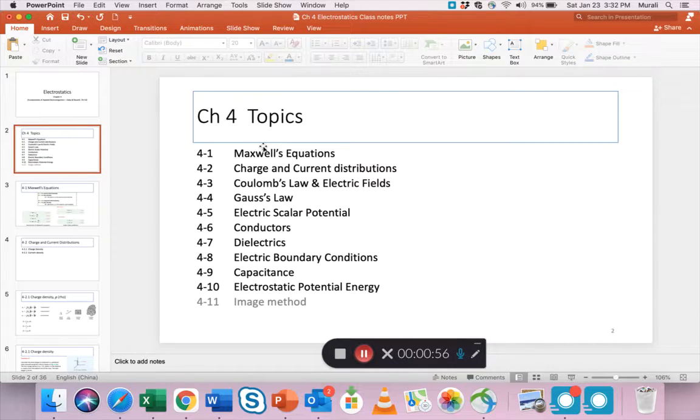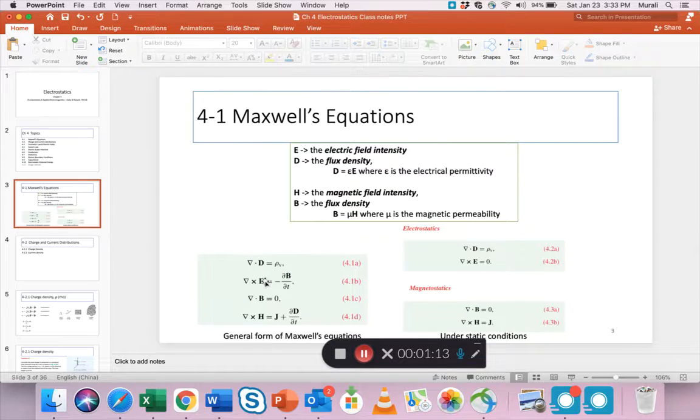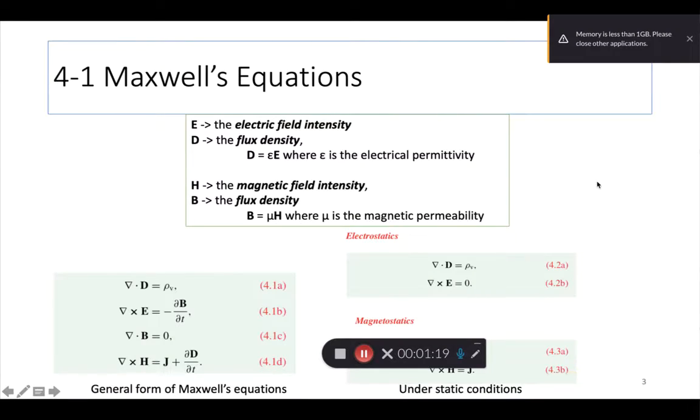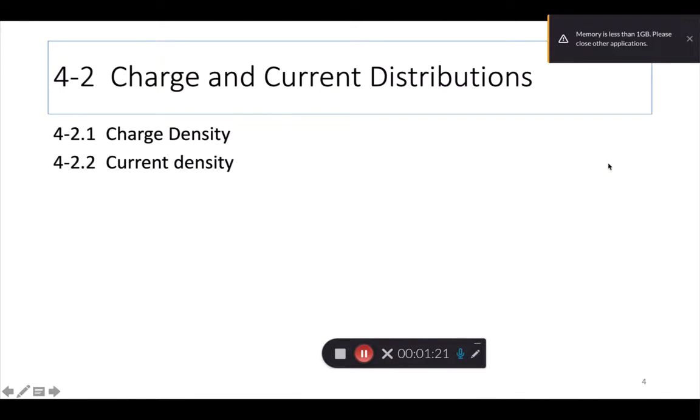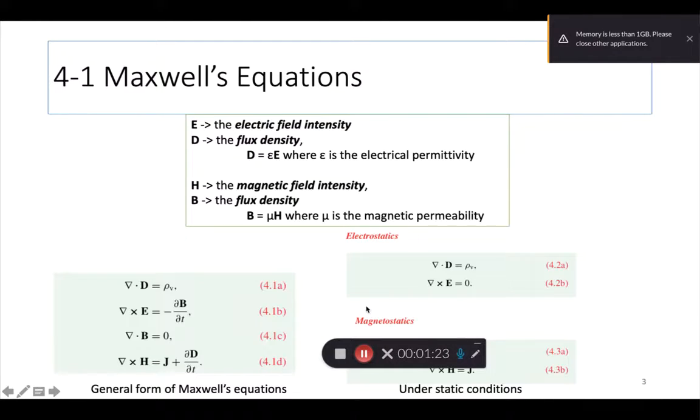So we'll probably do the first 1 to 10, and in part A, this recording, I will go up to 4-5, electric scalar potential, and the remaining stuff we'll do in part B. Okay? All right. So moving on, I am on slide 3, and I will expand it, sorry, so you can see better.